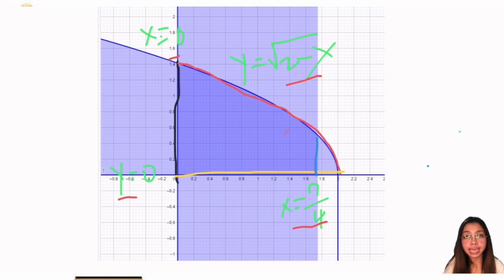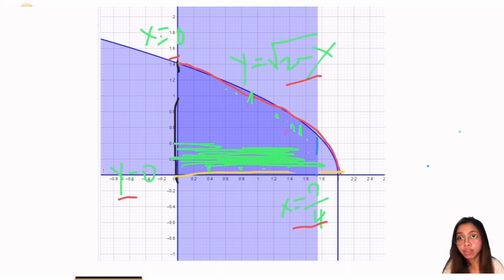So in our case, if we go with the x-axis first, take a look at this pattern. Notice that it is going between the two functions, the function x equal to 0 and then x equal to 7/4.